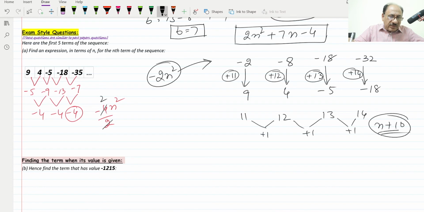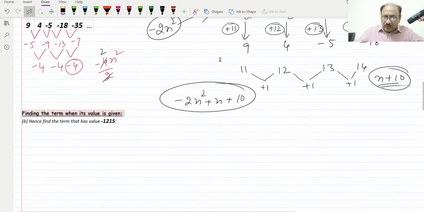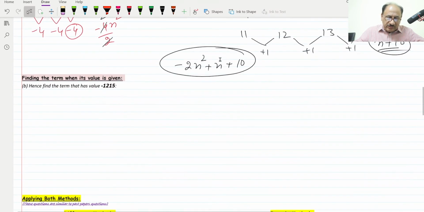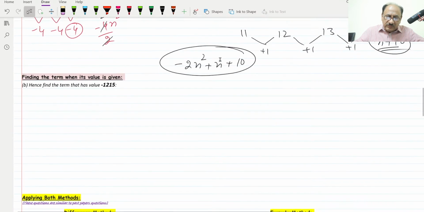Now n plus 10 will be attached with this minus 2n square and we will write minus 2n square plus n plus 10, and this will be the final answer. This is by the difference method. So formula method or difference method, whatever you like, both are correct and you can utilize both in the exam, so not an issue. You can use any of these methods.